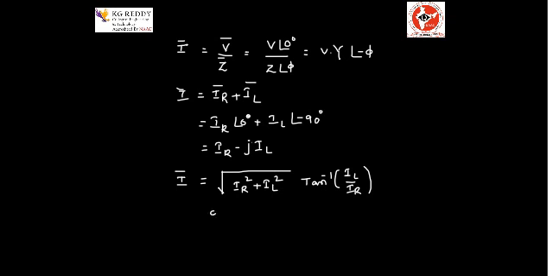Now, another way we can calculate the same thing: we already have V bar into Y bar, which equals V into G plus V into BL at an angle minus 90 degrees.